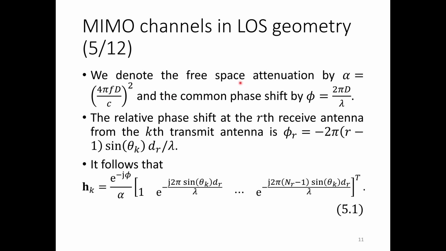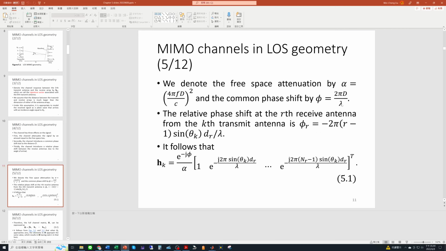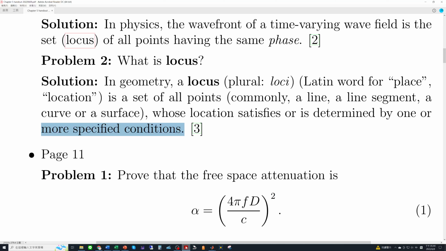So we have proved that the free space attenuation is alpha equal to (4 pi f d over c) squared, and the common phase shift is phi, which is equal to 2 pi d over lambda. Why does the common phase shift equal 2 pi d over lambda?